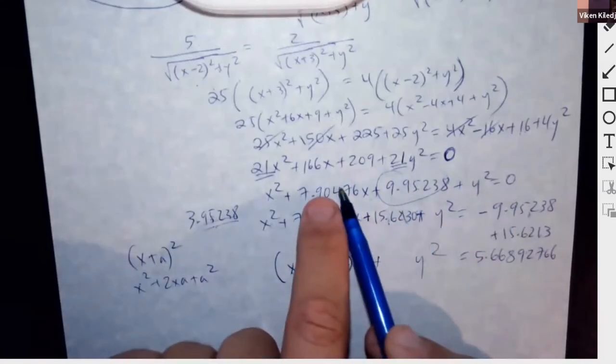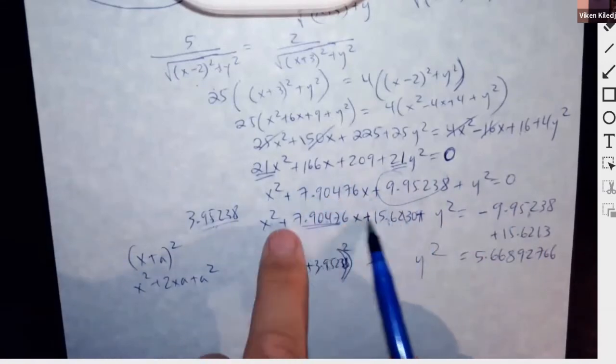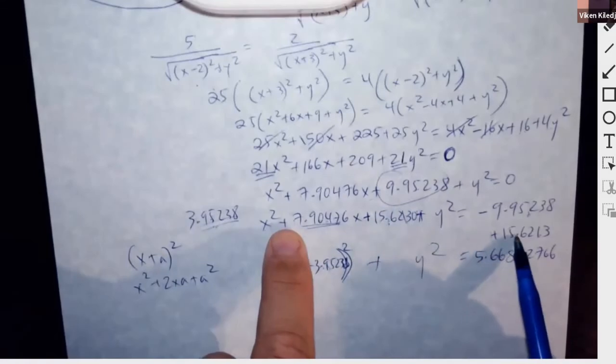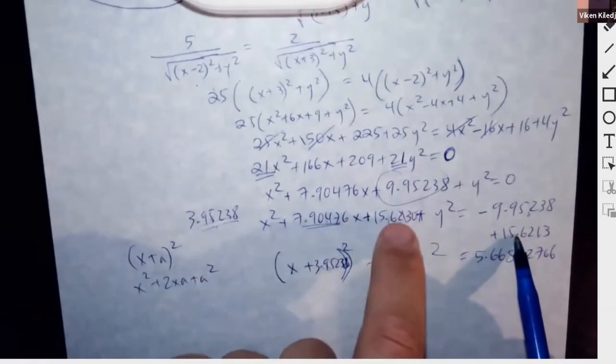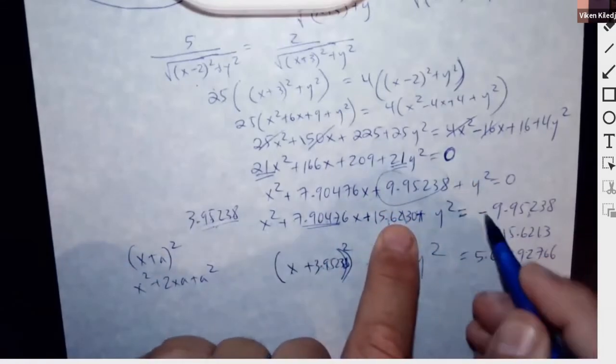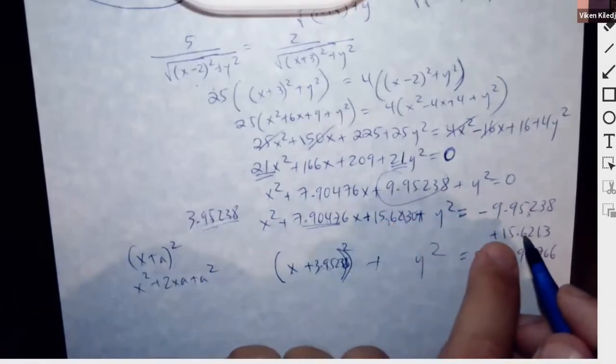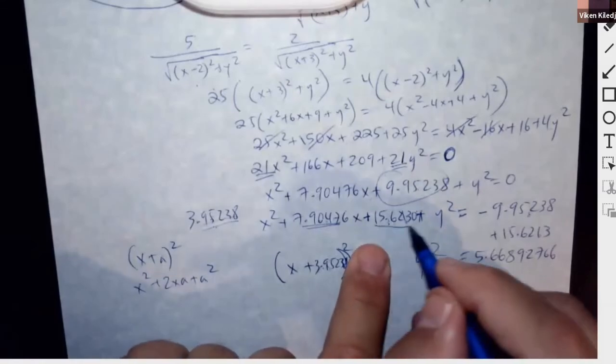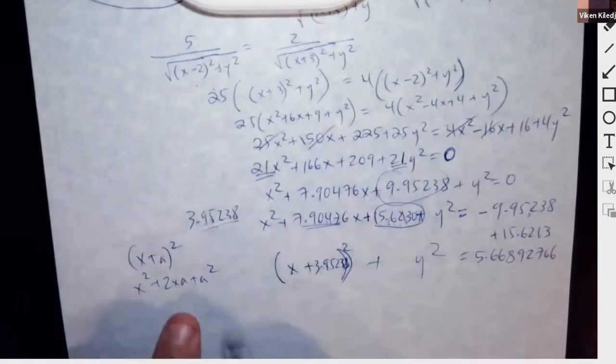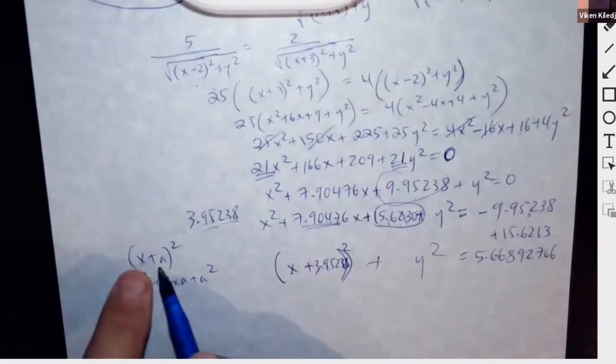Then I take half of this, then square it. As long as you do the same thing to the other side, you can do anything to the left side of the equal sign. So the number that I choose here is this a squared, right? Because I want to make it into something like this.